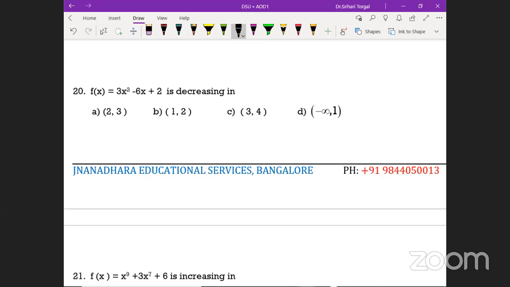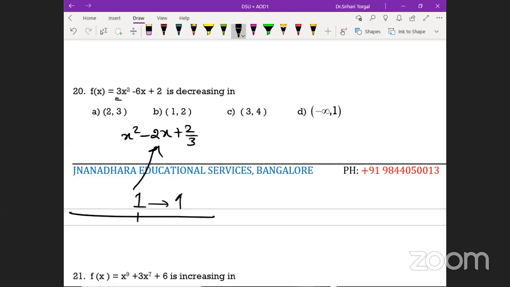Try to make this x square minus 2x plus 2 by 3. If you divide the whole term by 3, you will get this polynomial. So now it is very easy to identify. Divide by 2 and change the sign. You will get 1. Correct?